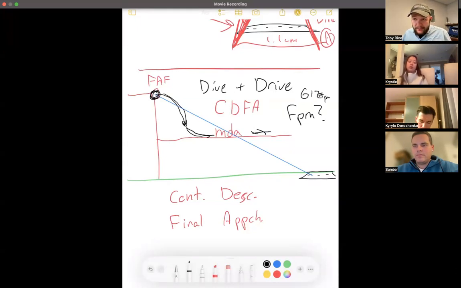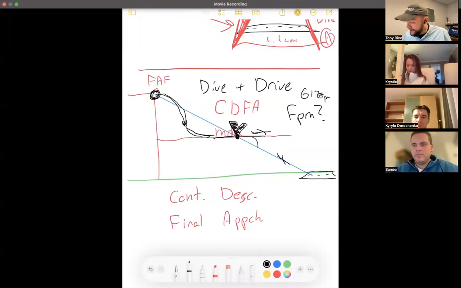And then the point is that once you reach this point right here, where you would be going below minimums if you didn't see the airport, that is called your visual descent point. That's the VDP, which you guys may have seen in one of my other videos. This is the point at which if you're at the MDA, you're on a good glide angle to the runway.